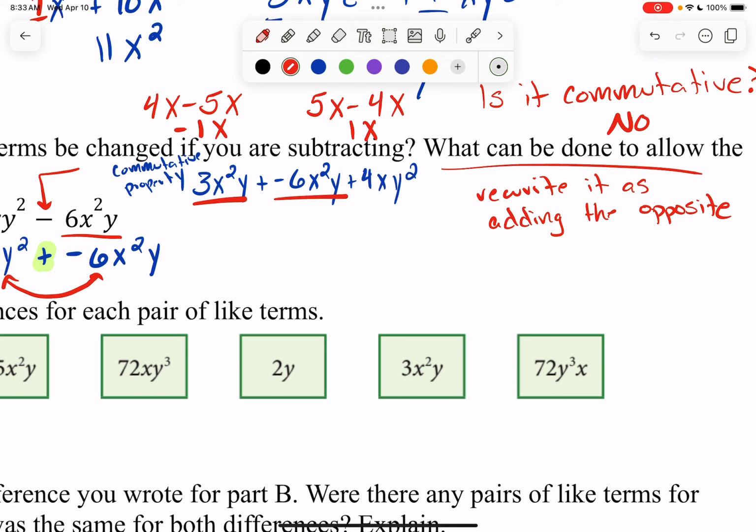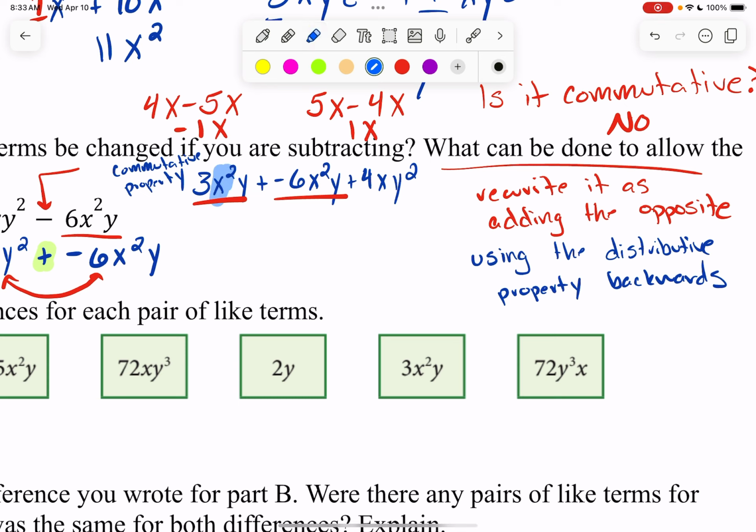Really, what's happening when you add like terms is you're using the distributive property backwards. Both of these have an x to the second y.